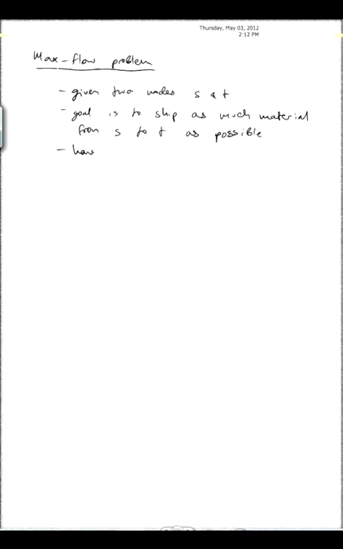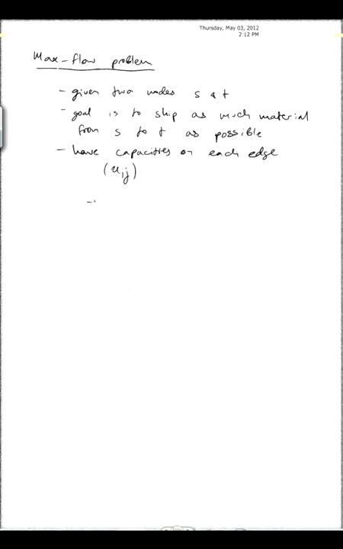But we also have capacities on each edge. And these capacities tell us the maximum amount of material that we could ship through the edge. So typically, we're going to designate these capacities with the letter Uij. And U just comes from upper bound, because that's the maximum amount of material you could move across the edge.